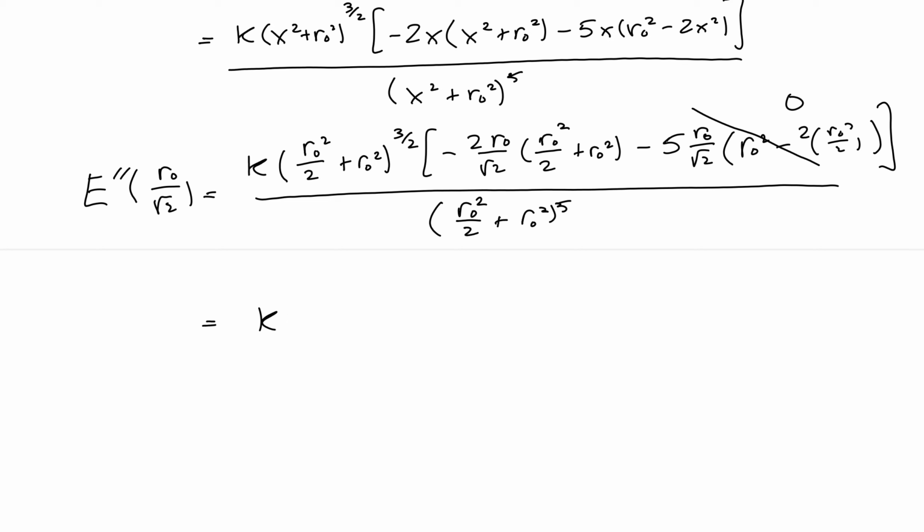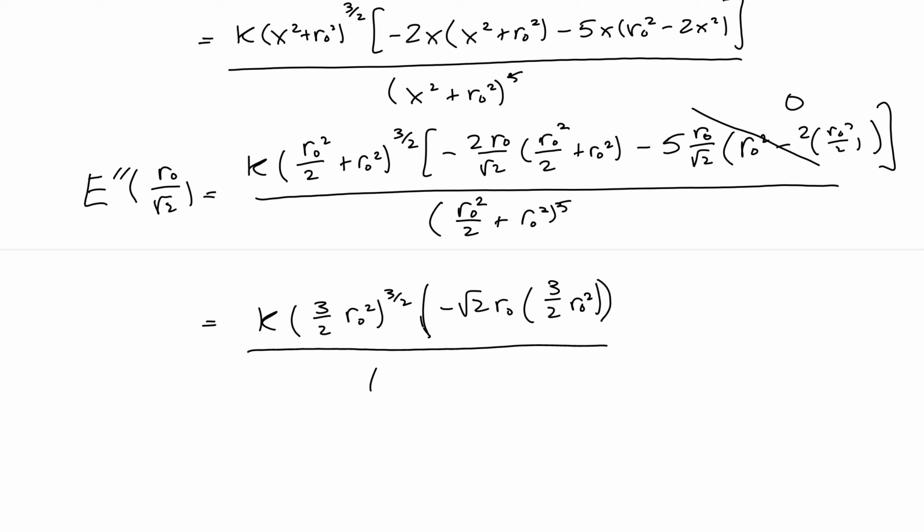So notice this is k, and then from this I get a 3/2 r0 squared to the 3/2, and then I'm going to get a minus square root of 2 r0, and then I get a 3/2 r0 squared. The last term is gone, and then I get (3/2 r0 squared) to the 5th.